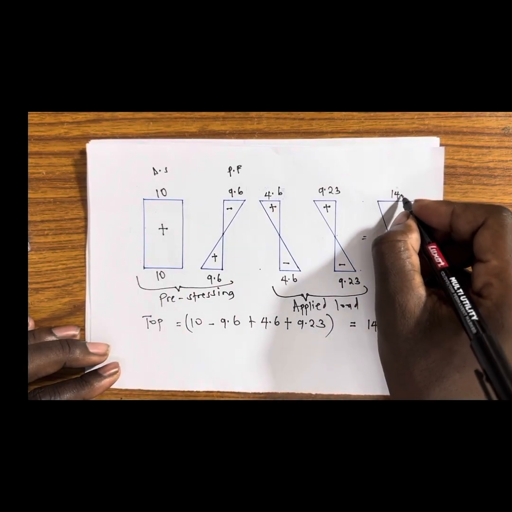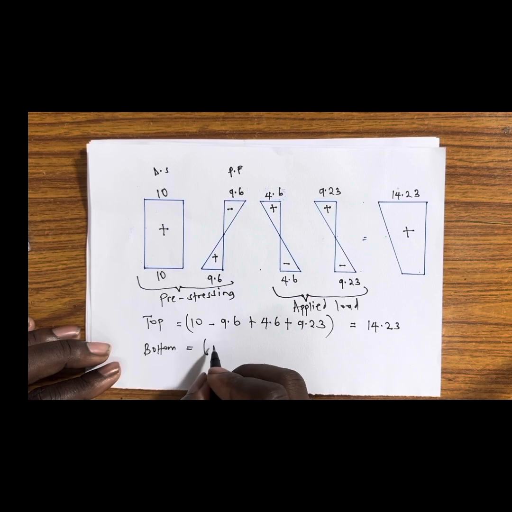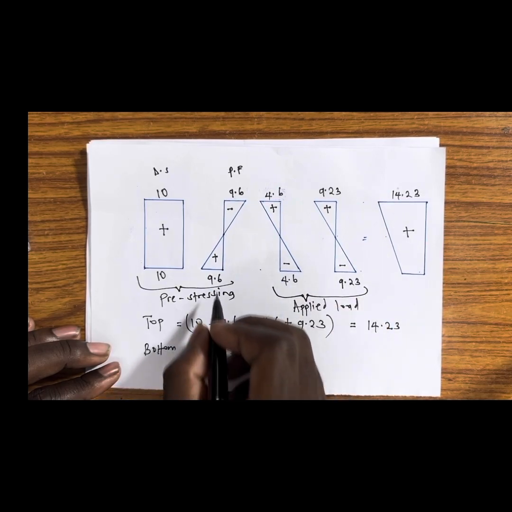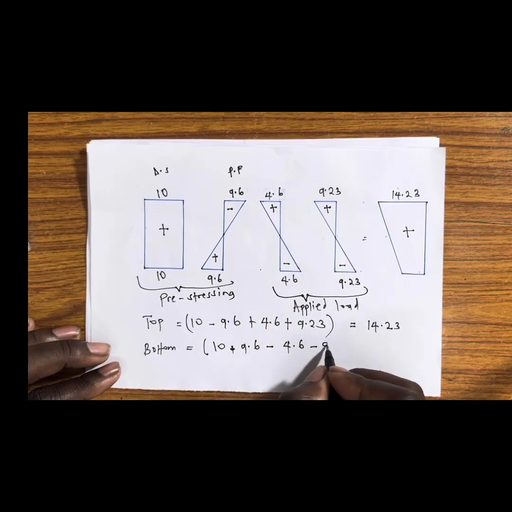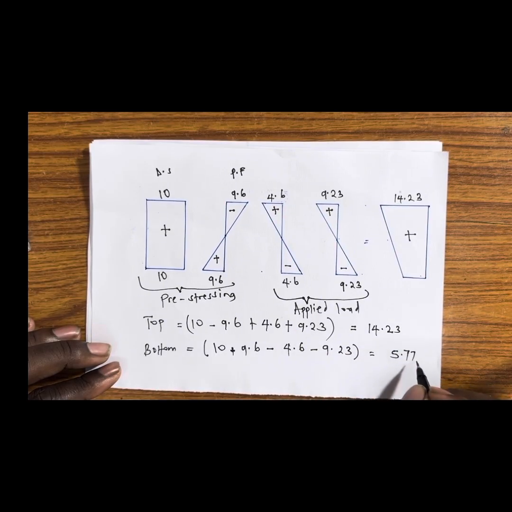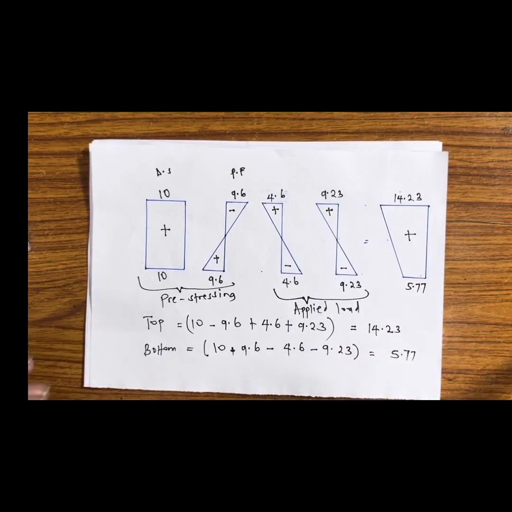So you write it here, 14.23. Bottom is equals to, this is 10 and this one is minus. Before that is plus 9.6, then minus 4.6, then minus 9.23, and this answer is coming to 5.77. So you write here 5.77. We've answered part 1 of the question.